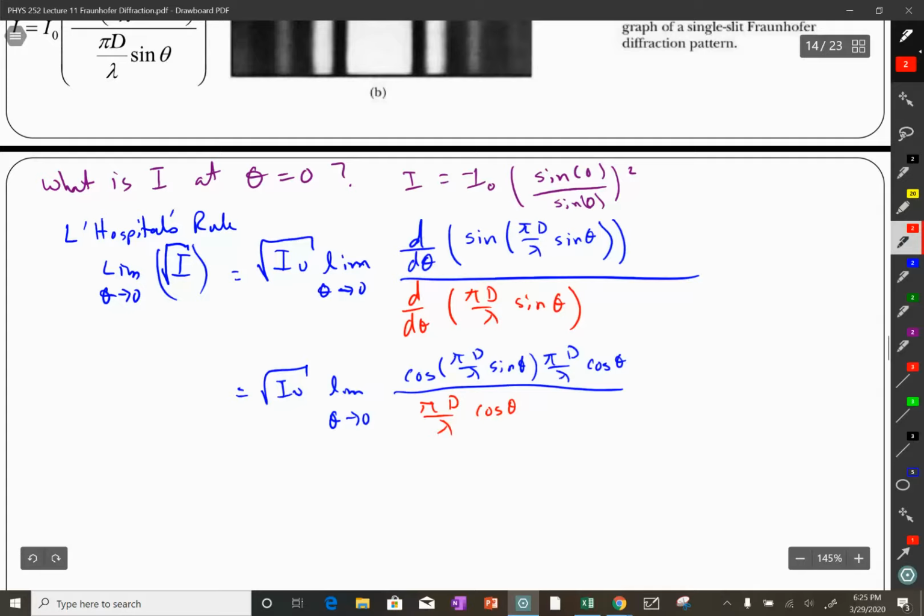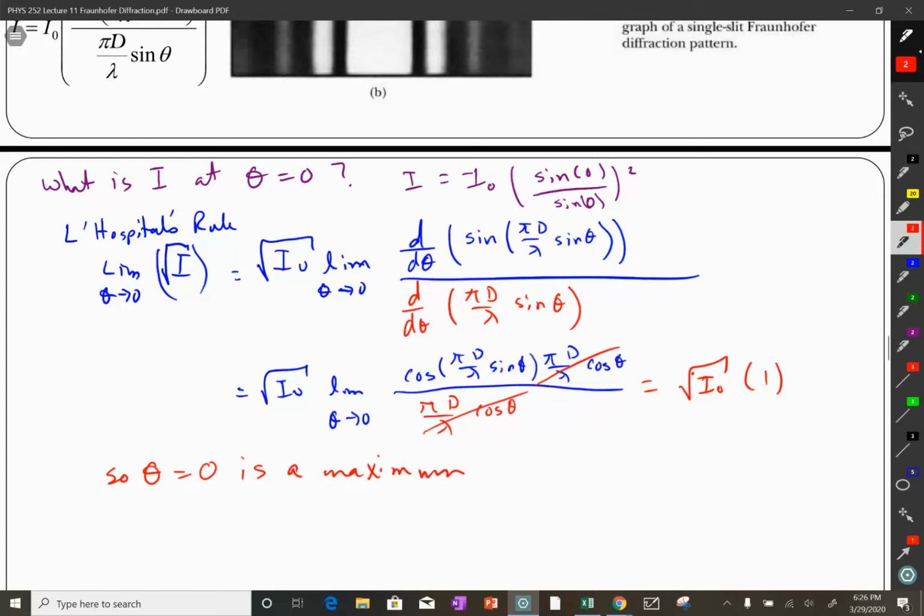And so this whole pi d over lambda times 1 will cancel out. And sine of 0 is 0, cosine of 0 is 1, so that's equal to square root of I0 times 1, which means that we're going to be at I0 at our peak intensity at theta equals 0. So theta equals 0 is a maximum.